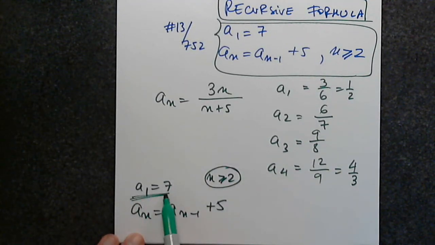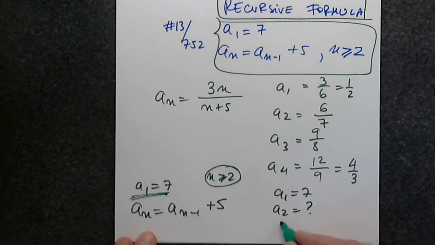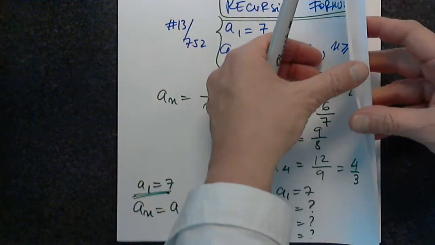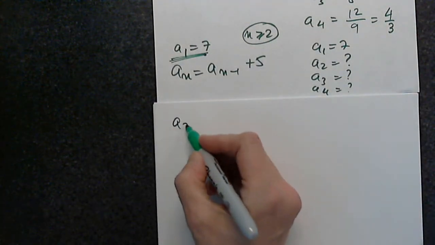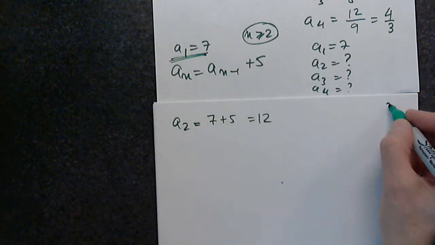Of course, I'm given A1, so I have to start with A2. So A1 is given. I need to determine A2, A3, and A4. But A2 depends on A1. So can anyone give us A2? So A2 will be 7 plus 5, which is 12.